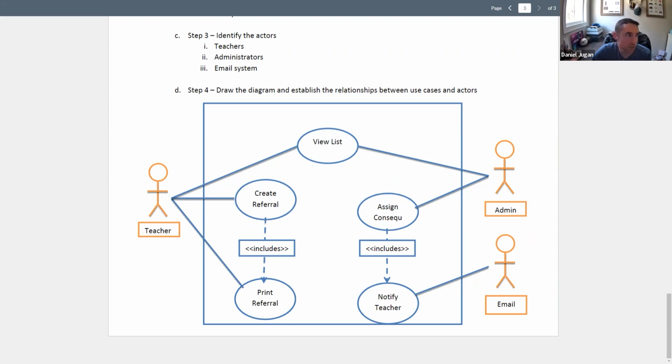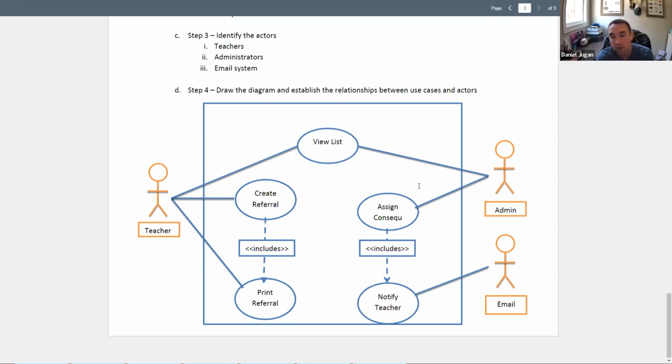And so you could say, well, we should really have a line here with includes. You can make the argument for a couple different things when you look at this. What I want you to understand is, as long as you can make a rational and logical description and justification for the interactions that you specify in the drawing, it's fine. As long as your drawing doesn't misrepresent what your system is doing, it's fine.